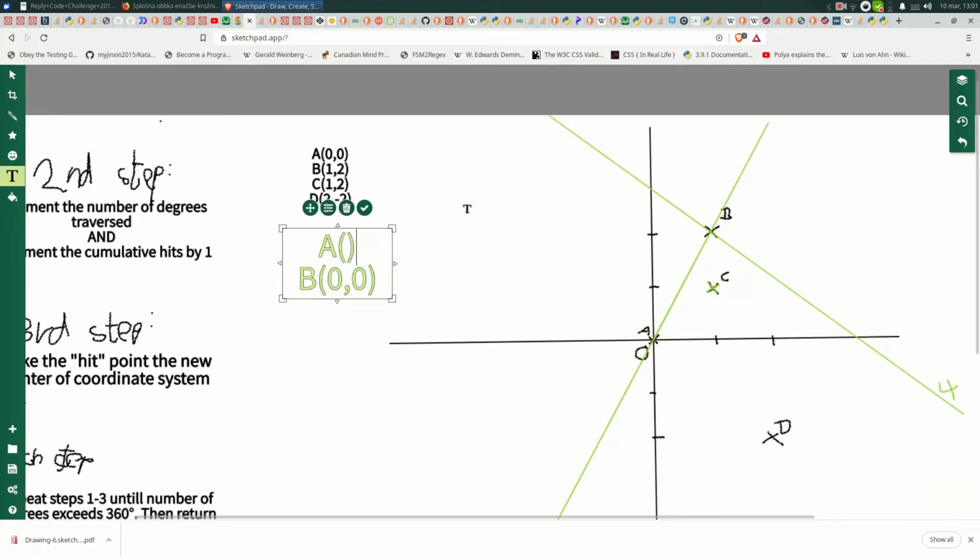Its X is 0 and Y is just Y for now. We don't know it. And C we don't know, and D we also do not know. But how do we get them? Mathematically, programmatically, mathematically, and thematically.